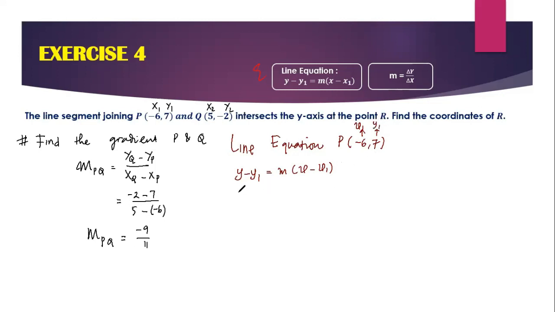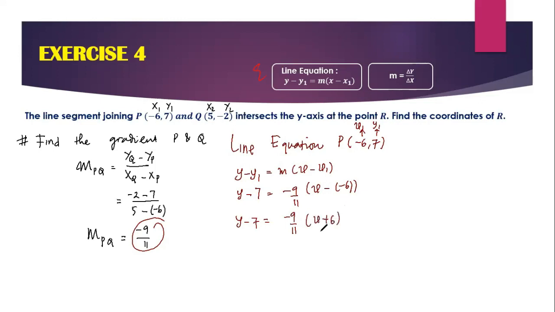Go. So y minus 7 equal m; insert your m here, minus 9 over 11, right? Open the bracket, x minus x1 is x plus 6. Clear, everyone? So y minus 7 equal minus 9 over 11 times x plus 6.